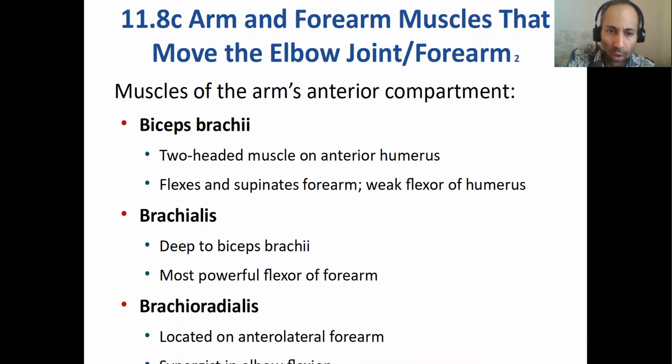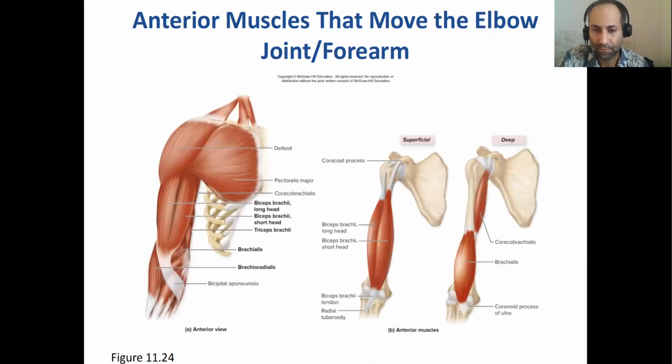Okay, so here we are looking at the arm, the upper and the lower arm, as you can see. That region is divided into an anterior, front, or flexor compartment, this one, and a posterior, or extensor compartment in the back.